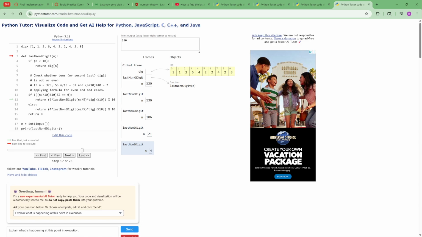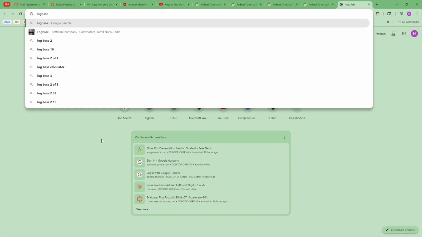Would it be... No, it wouldn't be O(n) space, because if it was O(n) space, that'd be crazy. That would be more than that many function calls. I think, would it be, I don't know, log base 2 of 530?